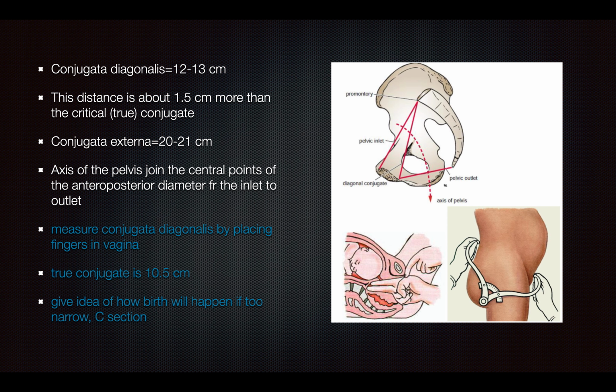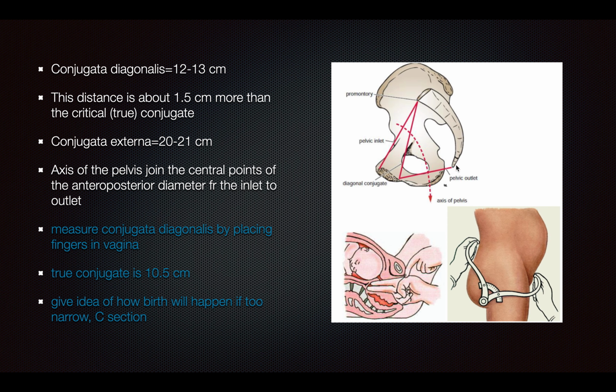The conjugata diagonalis is going to be around 12 to 13 centimeters, and this distance is going to be 1.5 centimeters in the critical or the true conjugate. And then the conjugata externa is going to be about 20 to 21 centimeters. The axis of the pelvis will join the central points of the antero-posterior diameter from the inlet to the outlet.